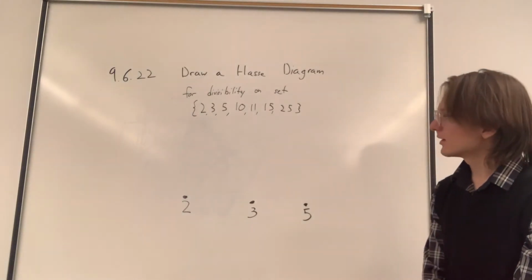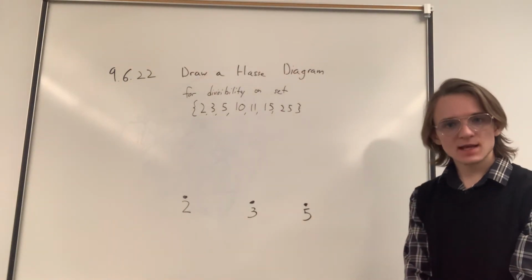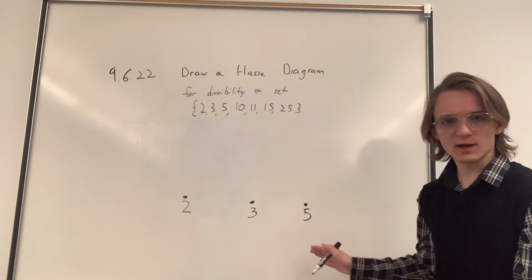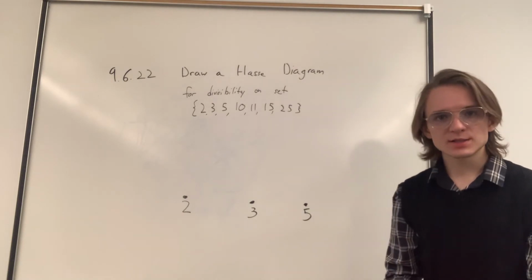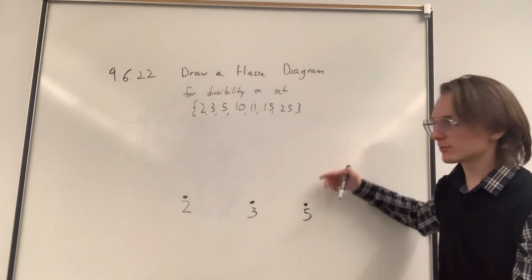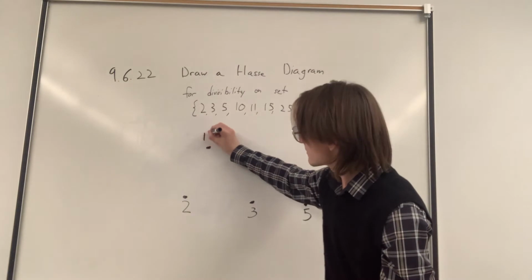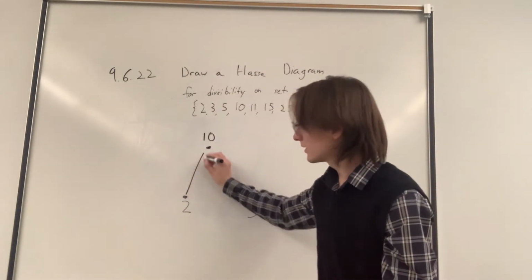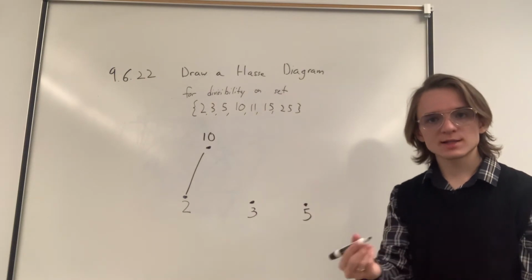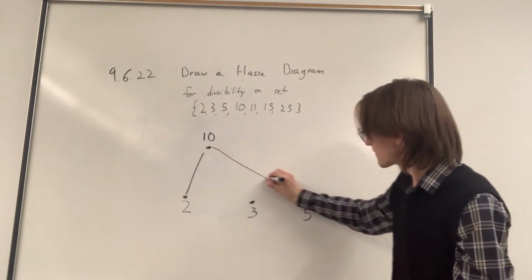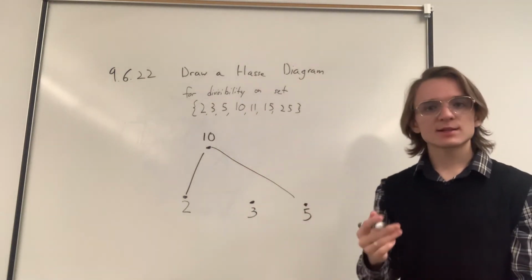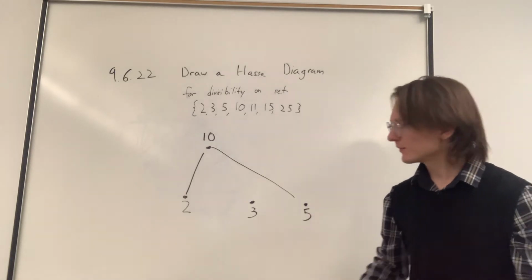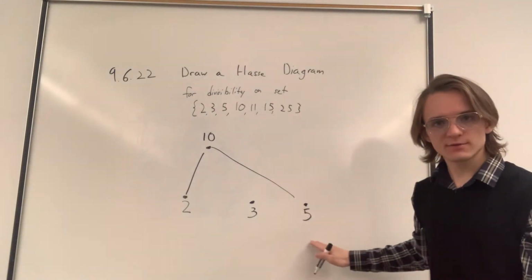Okay, then 10. Is 10 divisible by 2, 3, or 5? Right, it is. So we draw 10 on the second level and we connect 10 to 2 as well as to 5, because 10 has a relationship through divisibility to 2 and to 5.